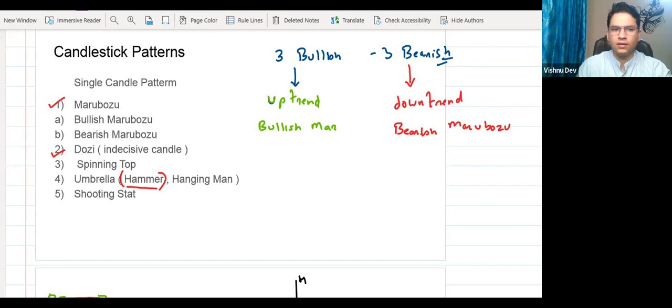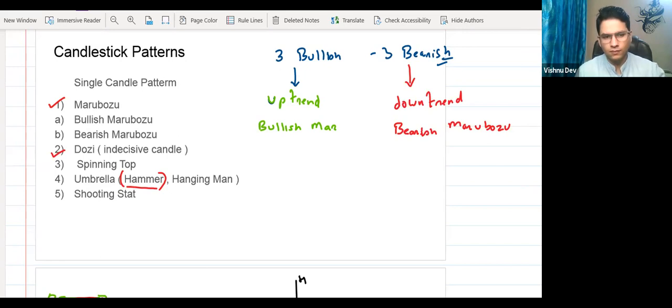Kishore, tell me. Sir, in a doji candlestick, you told us that bulls and bears will be fighting, and the body of the candlestick is much smaller than its wick.